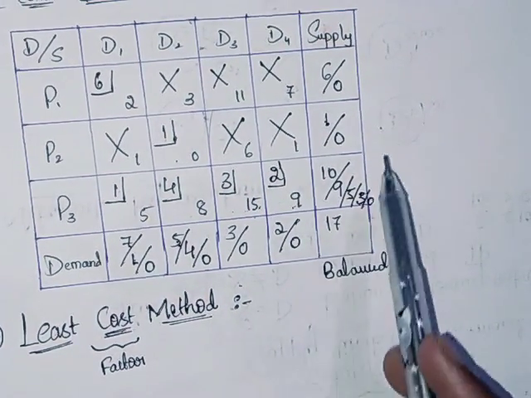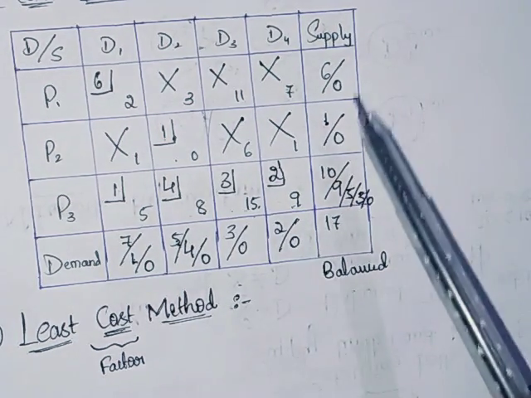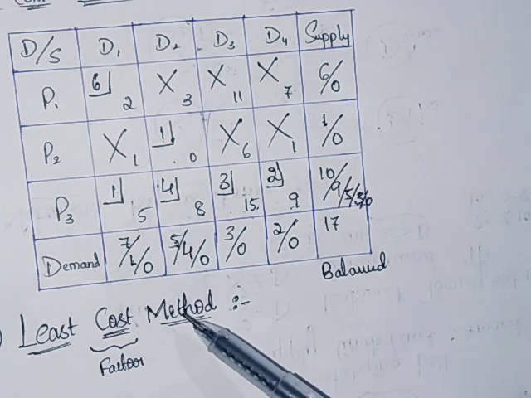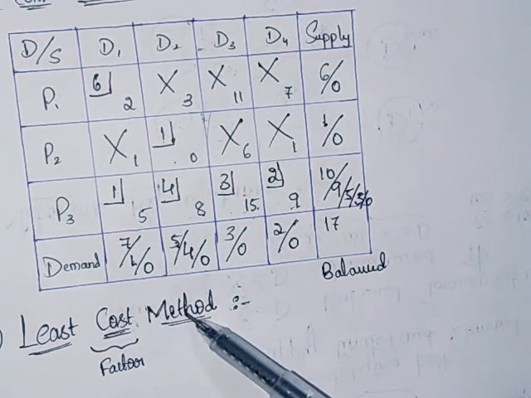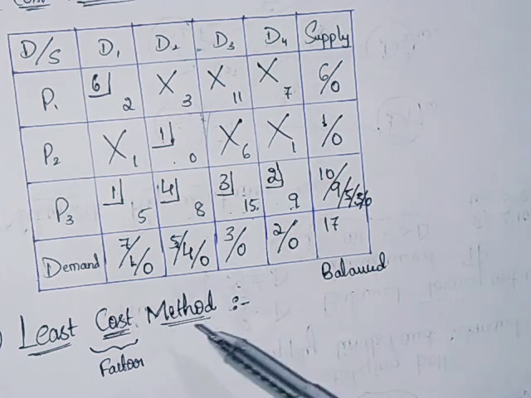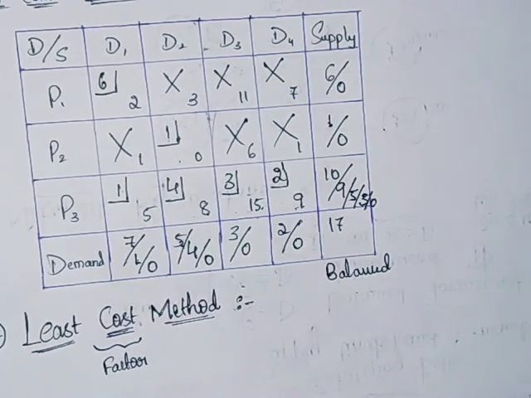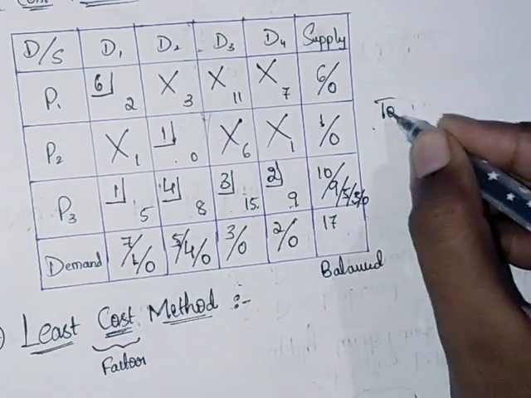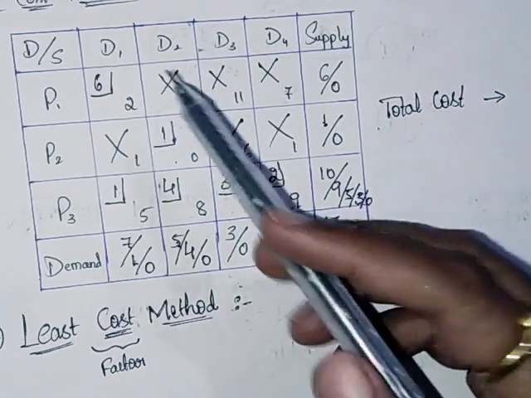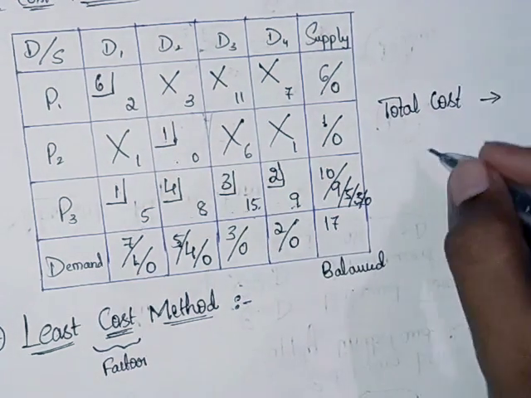I have allocated the units, and I repeat: in the least cost method, first we identify the cell which has the lowest cost, and after allocating to it, we identify the next lowest cell and go on allocating the units. Now, regarding finding the total cost under the least cost method, you can observe that I have assigned 6 units at 2 rupees each.